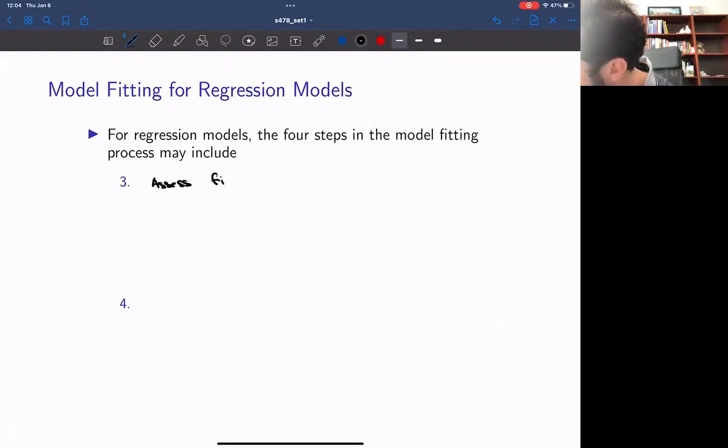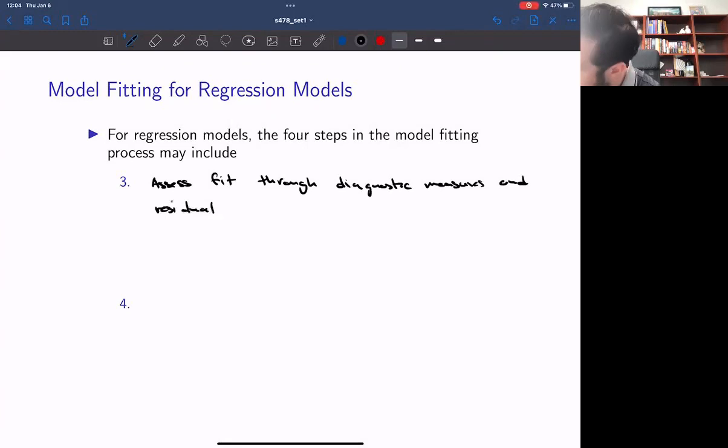So we're going to assess fit through diagnostic analysis and residual analysis, through diagnostic measures and residual analysis.